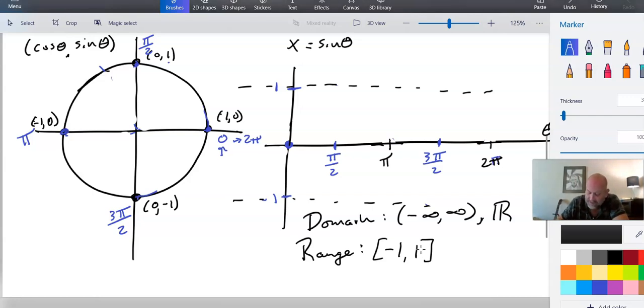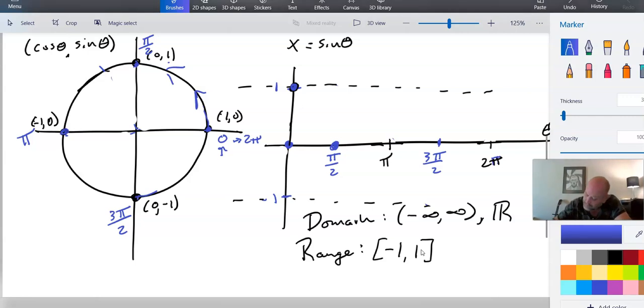So let's just go ahead and start right here with 0. If I plug 0 into cosine, and it is the x value, that means at 0, my value is 1. Let me switch colors. Now, if we head up this way to the second point at pi over 2, I see that my x value is 0.